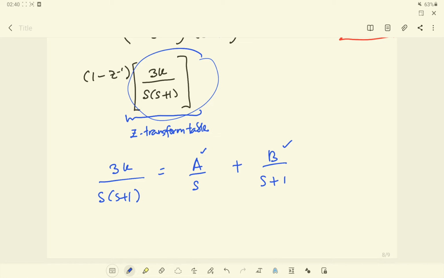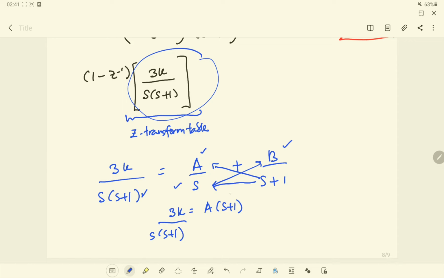So for partial fractions, we make the denominators on the left-hand side and right-hand side similar.